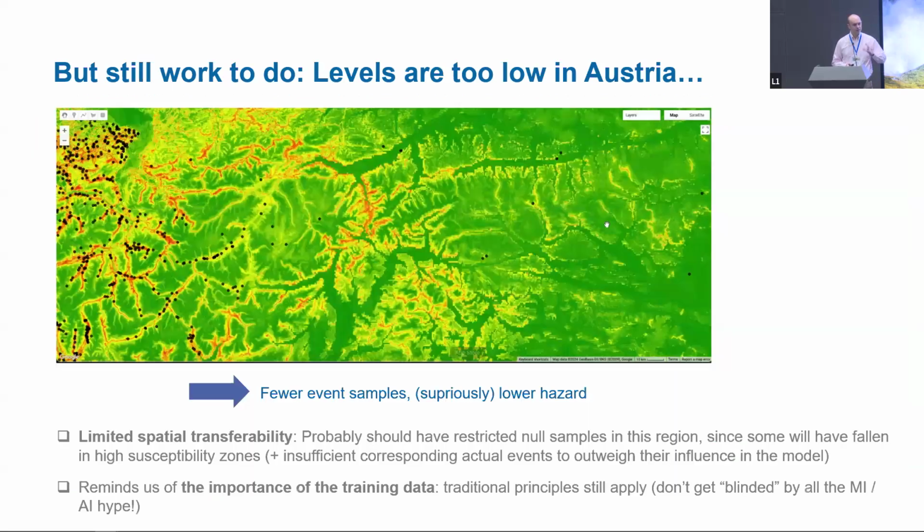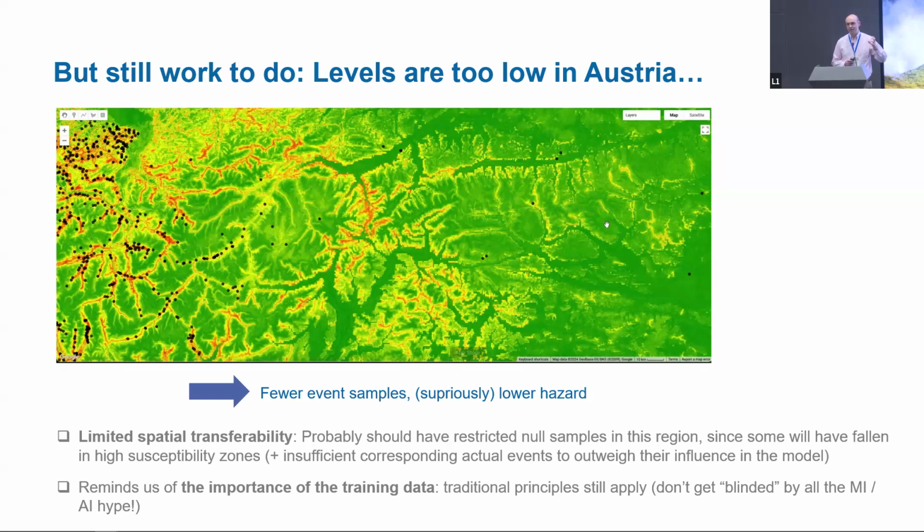And really this is associated with these fewer samples, and this is therefore a spurious result. In hindsight, what I will do next is restrict those null samples and not generate them in this region, because they seem to be biasing the model towards predicting lower hazard in these regions. So it's really a spatial imbalance in the training data.